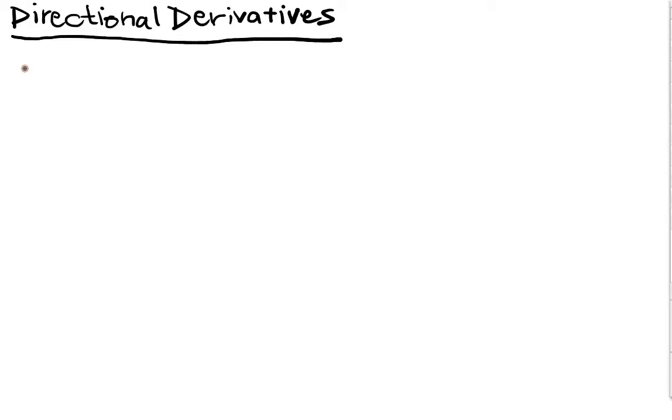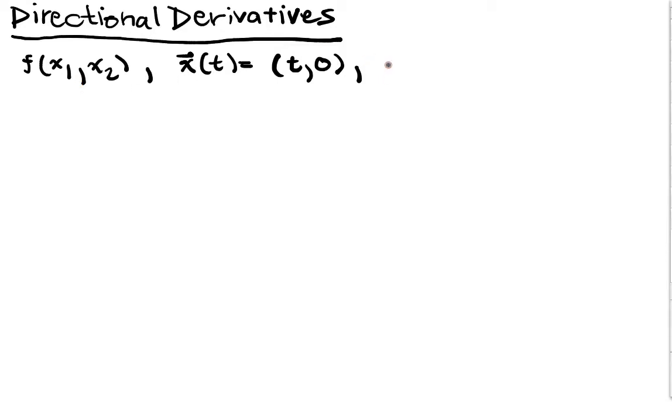That is, if I have, for example, a function f of x1, x2, and I have a line x of t is equal to (t, 0), and I compose this, then I have f of x of t, which is equal to f of (t, 0).